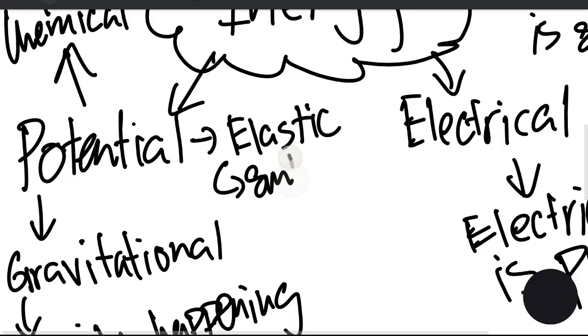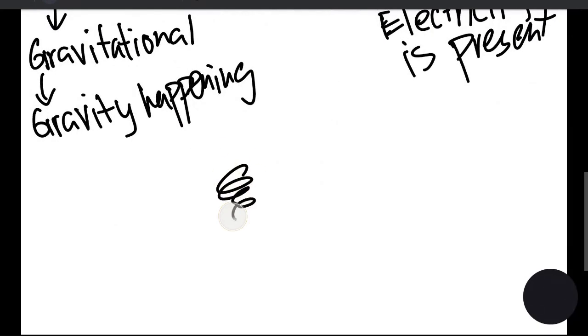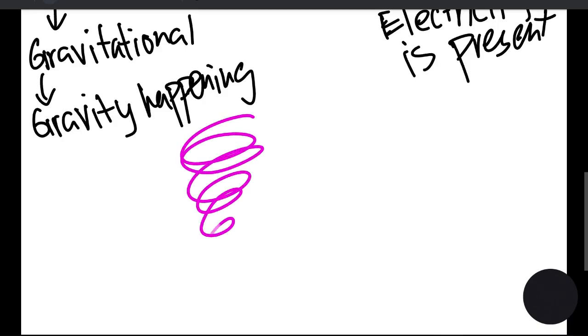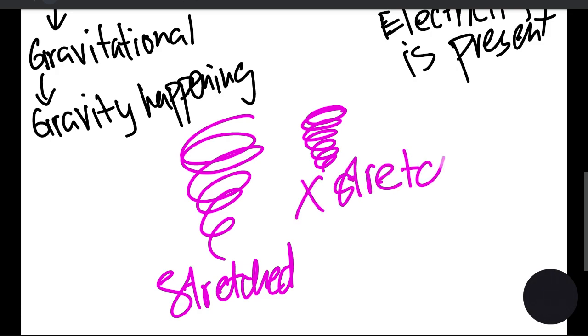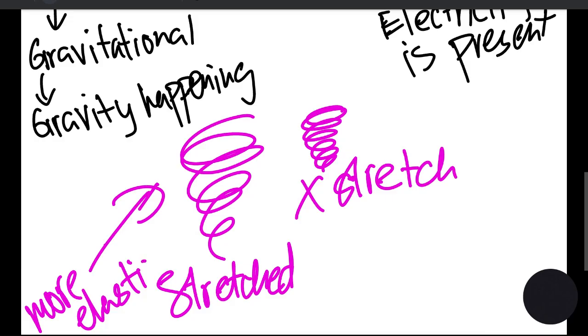When something stretches, let's say like a spring. A spring is able to stretch, or this is the stretched, and this does not stretch. So this has more elastic potential energy.